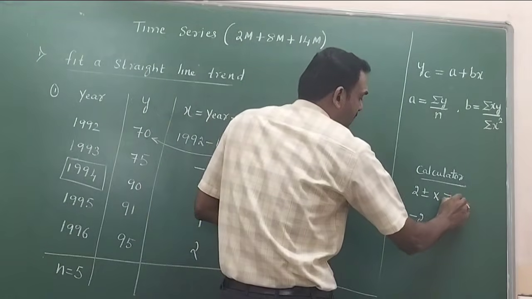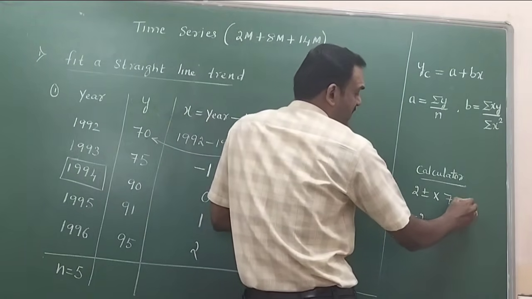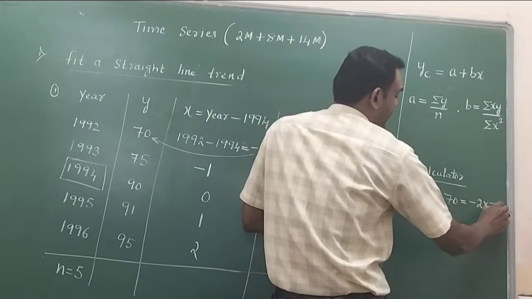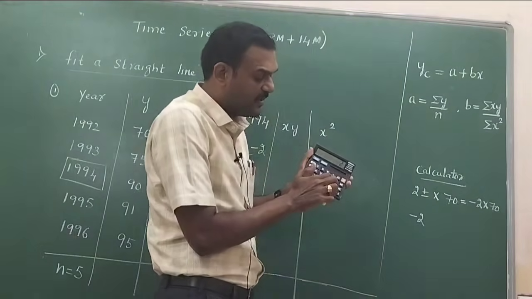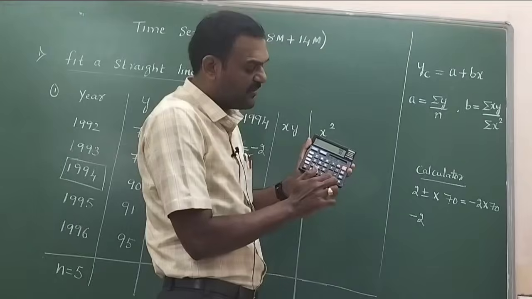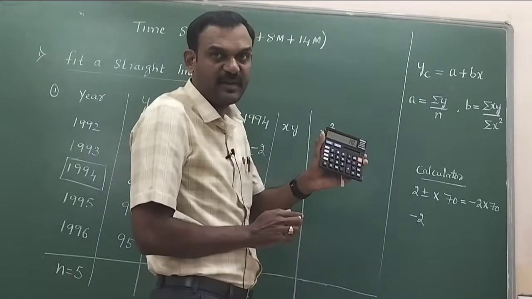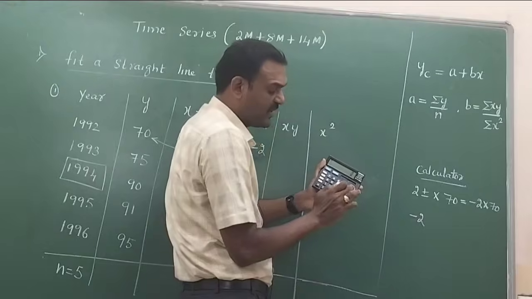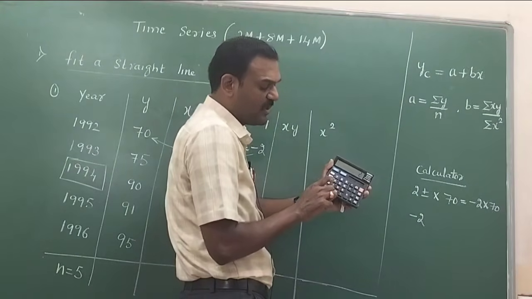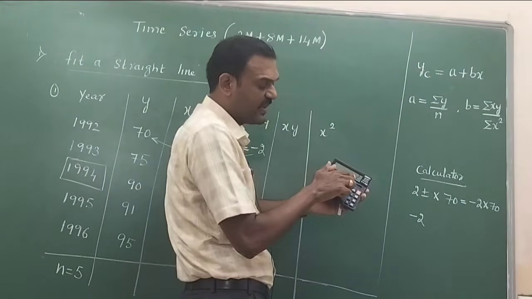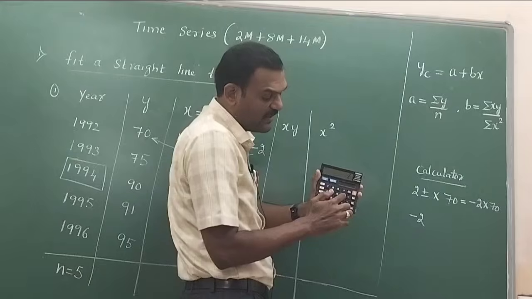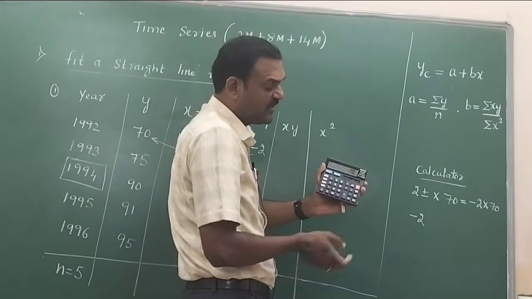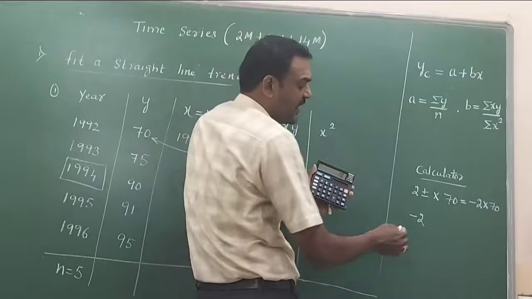So that, okay, which gives, but if you press it, it will display like this on your calculator. So that into 70, which gives minus 140. First 2, once again, 2 plus or minus 2 comes, into 70, which gives minus 140.